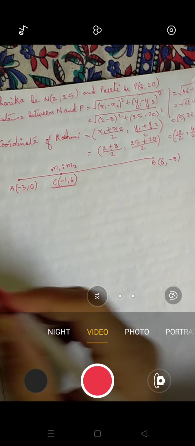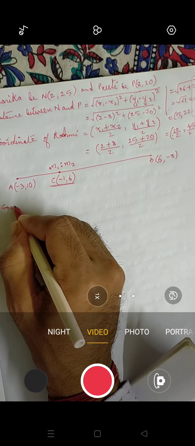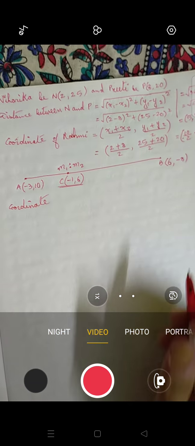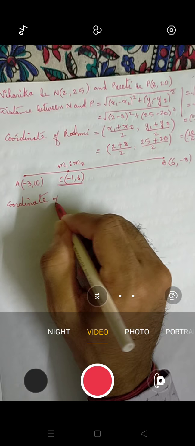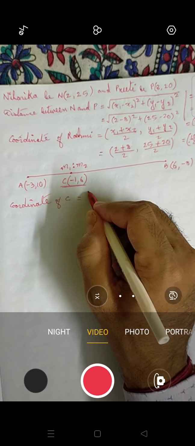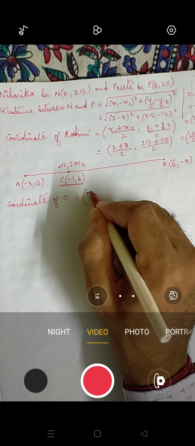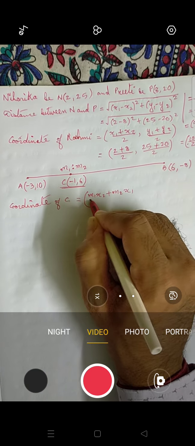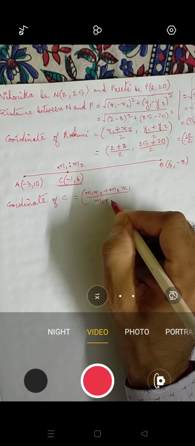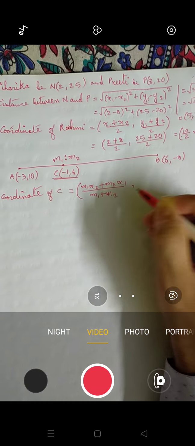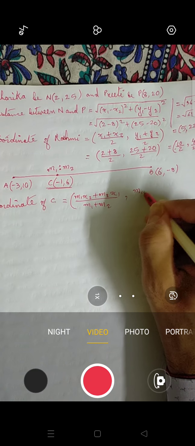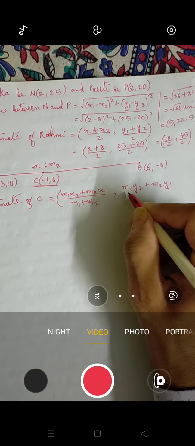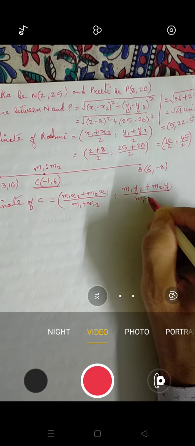Yes or no? So we'll say the coordinate of C equals our section formula: m1 x2 plus m2 x1 by m1 plus m2, comma m1 y2 plus m2 y1 by m1 plus m2.